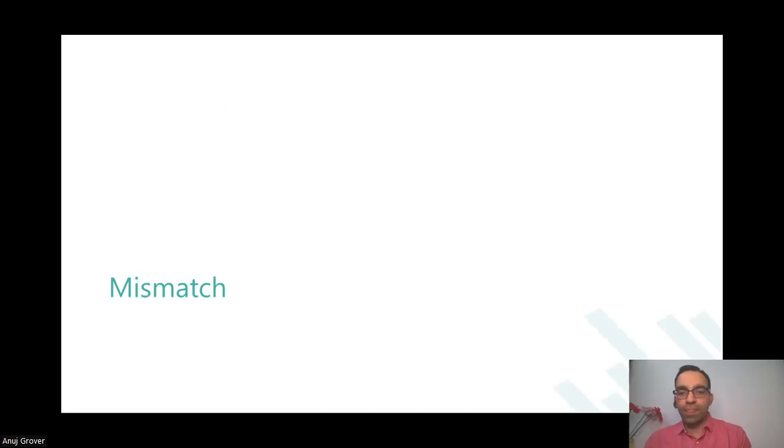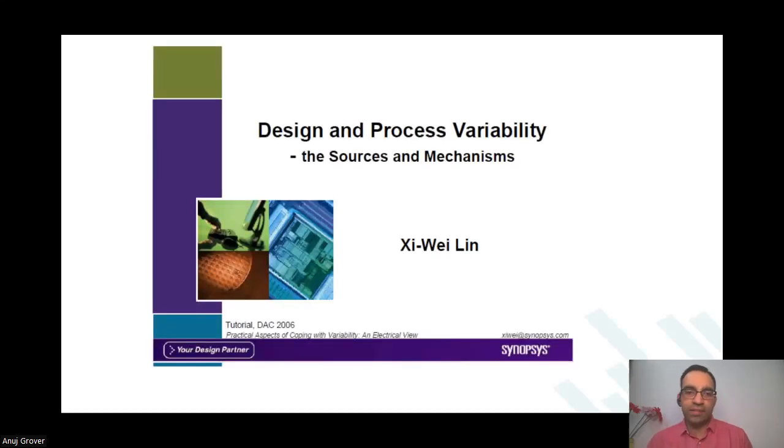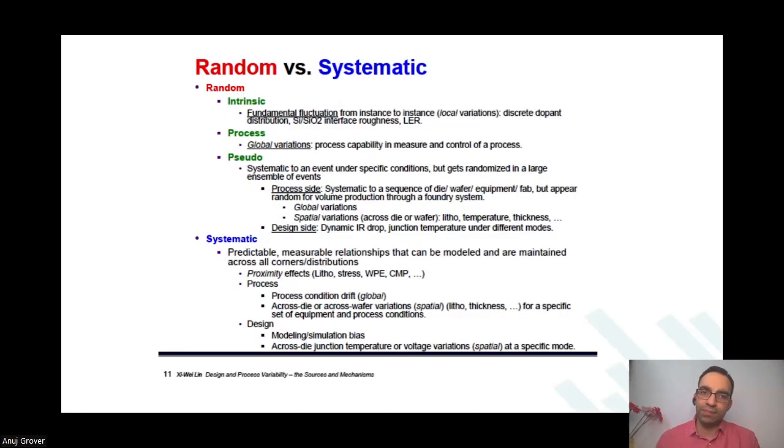So this is what I said. It's a tutorial from DAC 2006 by Synopsys. When we talk of mismatch or variations, we need to understand that there are two primary kinds of variations: random and systematic.